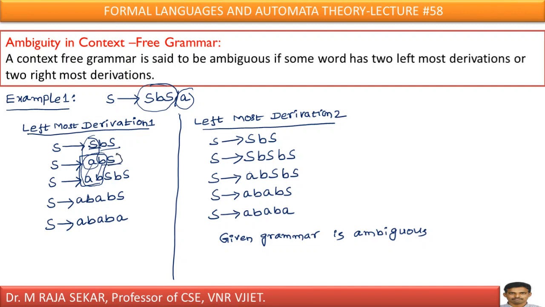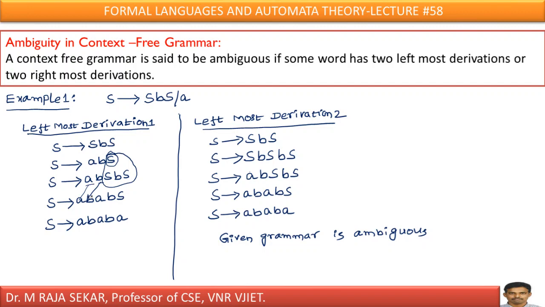Now, in the place of this capital S, I can write either SBS or I can write A. Let me assume I am writing SBS. As it is a leftmost derivation, B is a terminal, just copy it as it is.